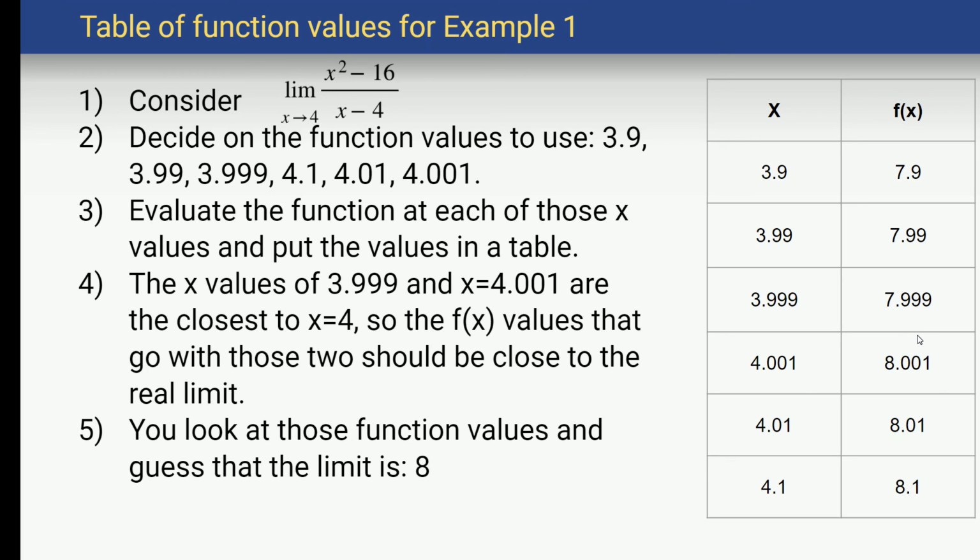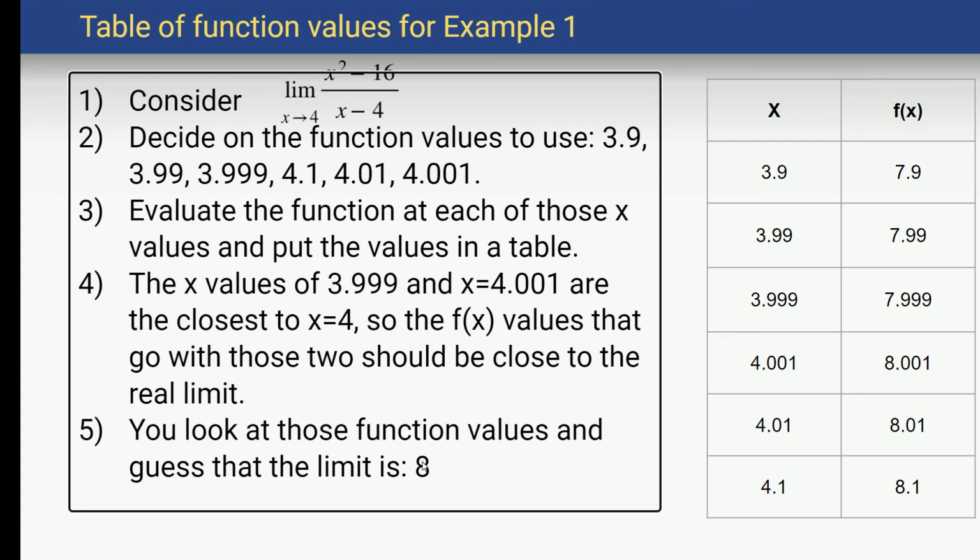It doesn't make sense to guess 8.000000035, even though technically nothing rules that out as a possible answer. So we're just looking at these numbers and making a guess as to what the limit is based on what we think makes sense.